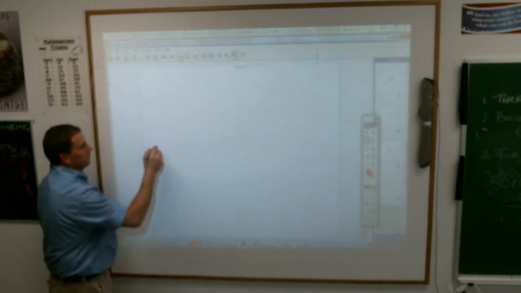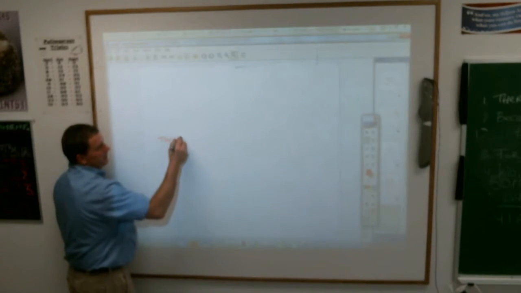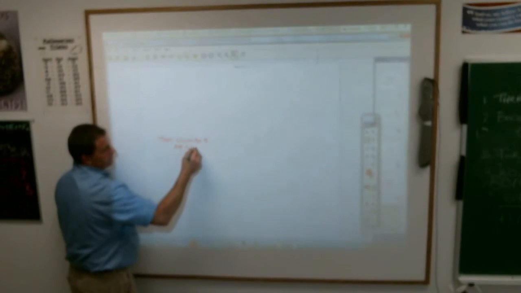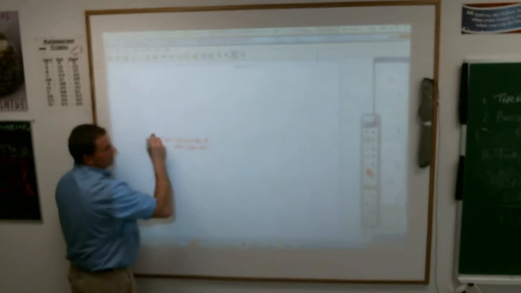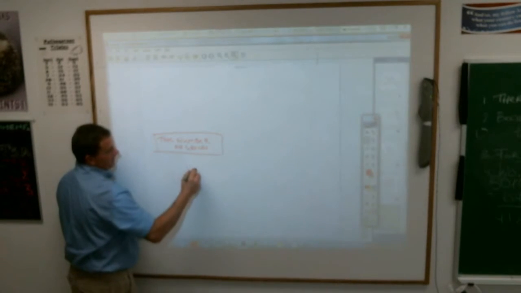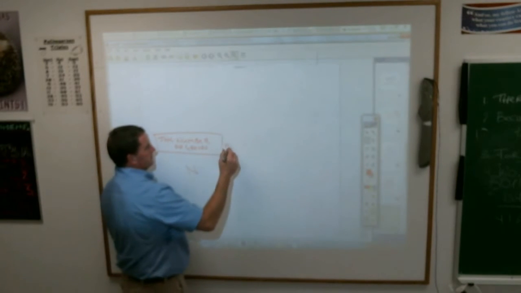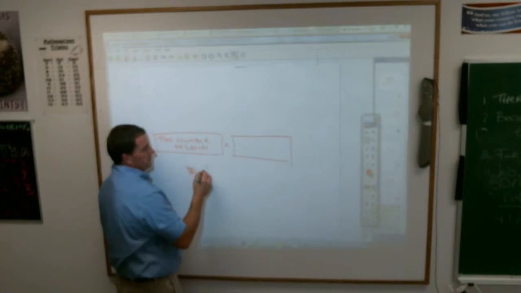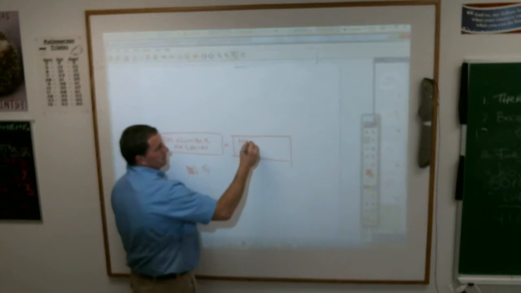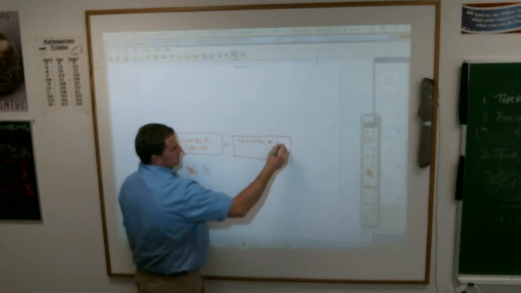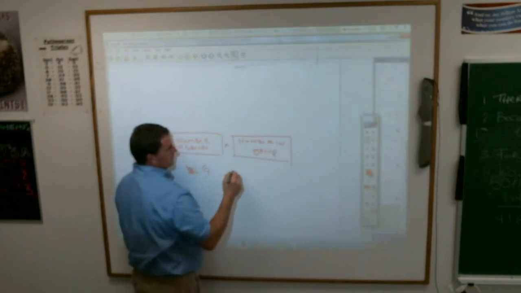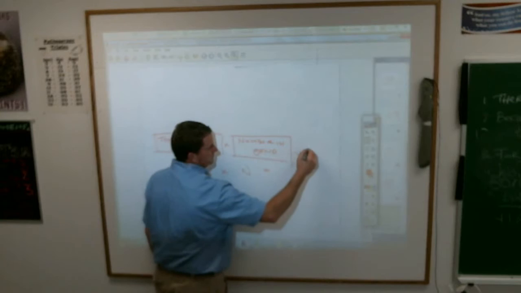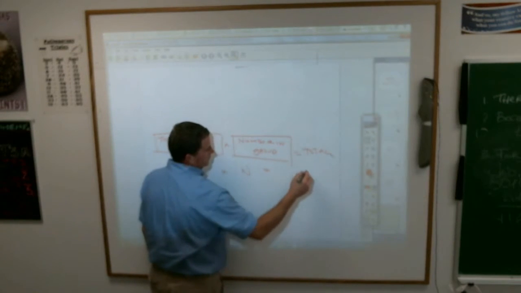Here's your equation. The number of groups, we'll call that the letter G, times the number in each group, which would be the letter n, equals a total.